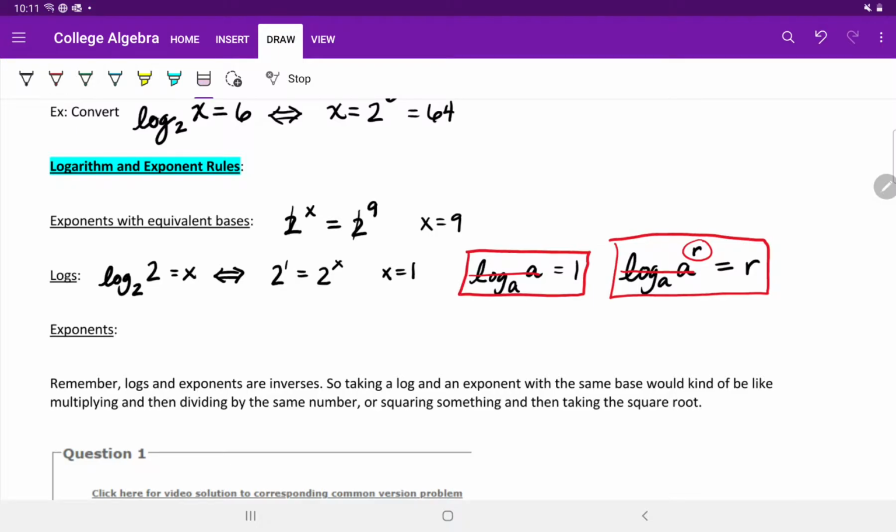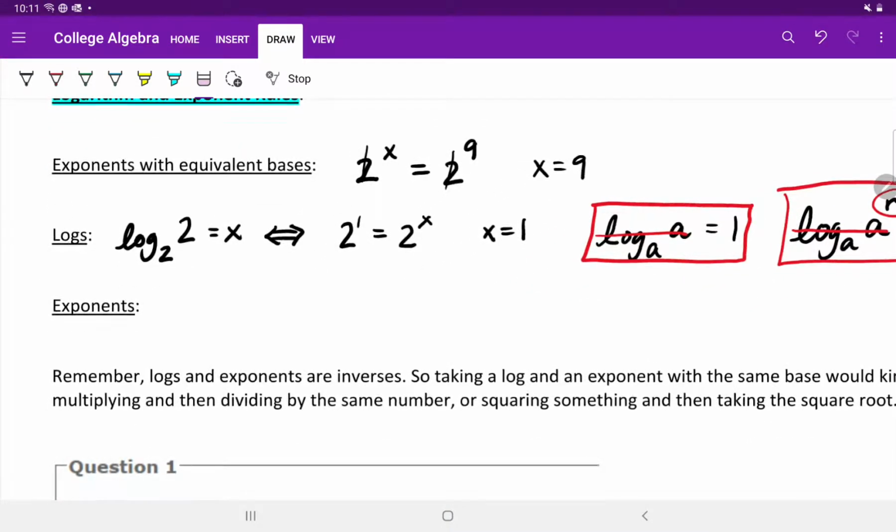All right, so it works kind of similarly when we're dealing with exponents. If you have a base taken to an exponent, but your exponent is a log of that same base, and we want to convert this, we'll say equals y.